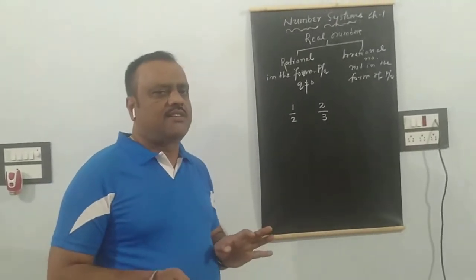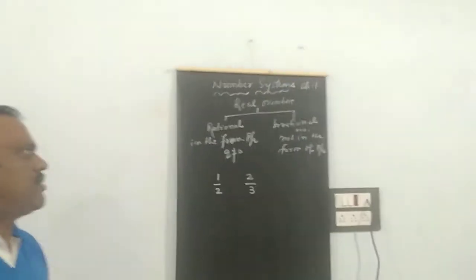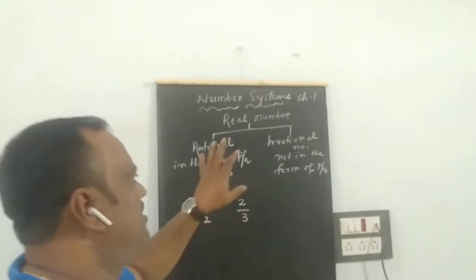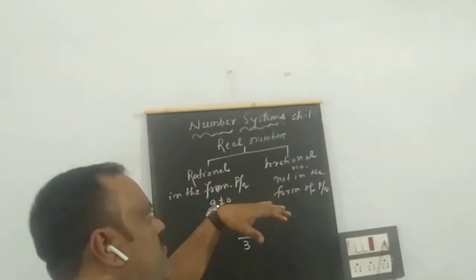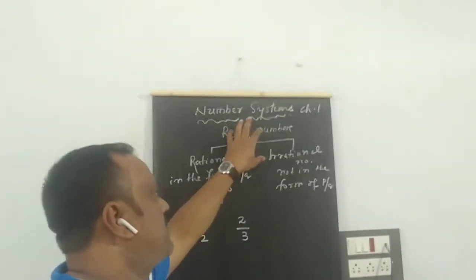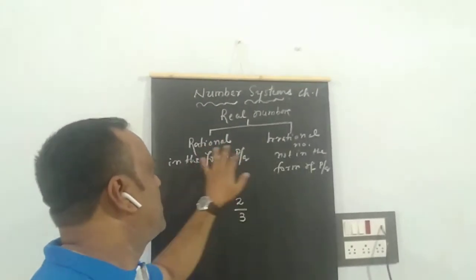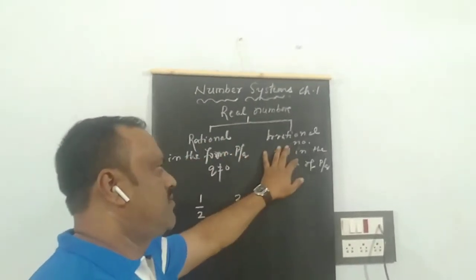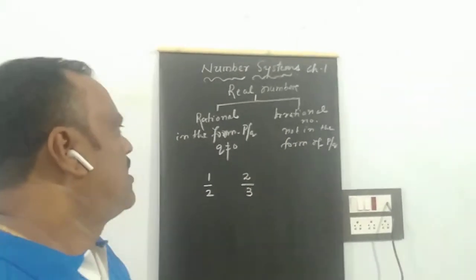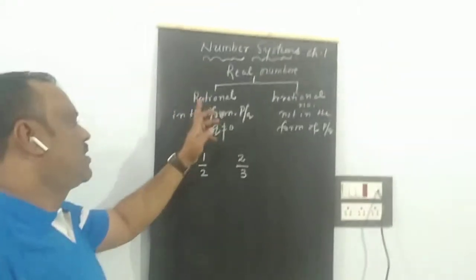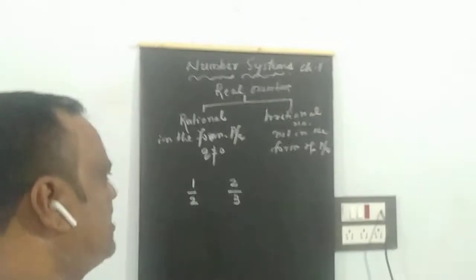So dear students, see what your number system is. The total number system depends upon the real numbers. Real numbers are classified into two parts: one is rational numbers, another is irrational numbers. I think you know about rational numbers. So what is a rational number?